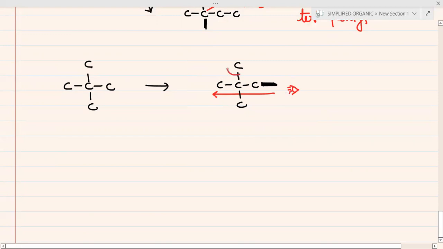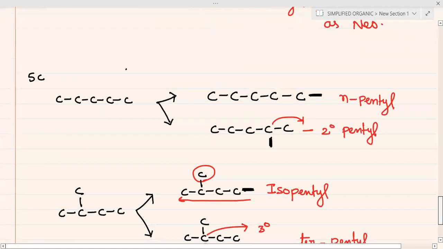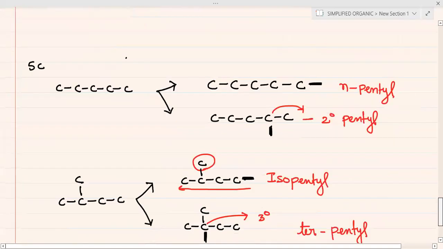Last but second carbon has two methyl groups. So it is called neopentyl. Total five carbons, so pentyl, and it is a neo branch, so neopentyl. This is how you name different alkyl groups.